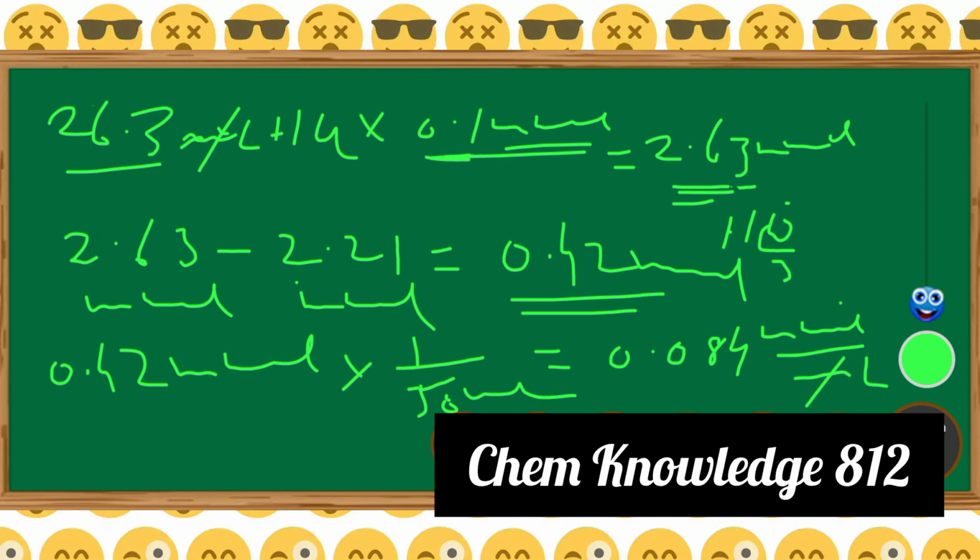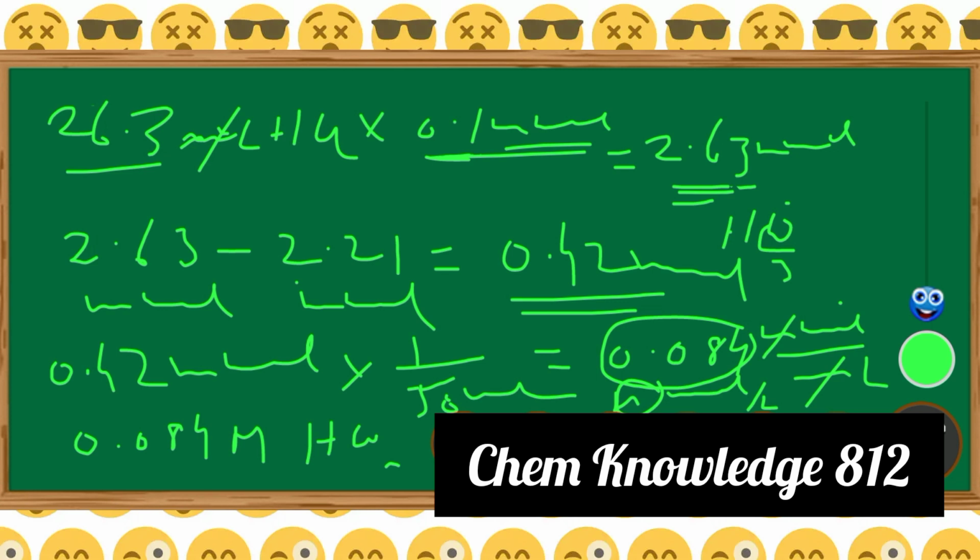If we cancel the m, we will get mole per liter, which we can say is molar. So the bicarbonate present in the 50 ml sample is 0.084 molar. So this is all about the titration of sodium carbonate against HCl.